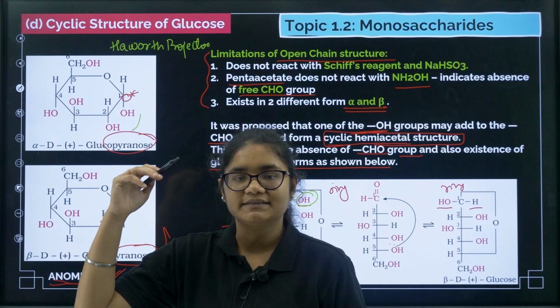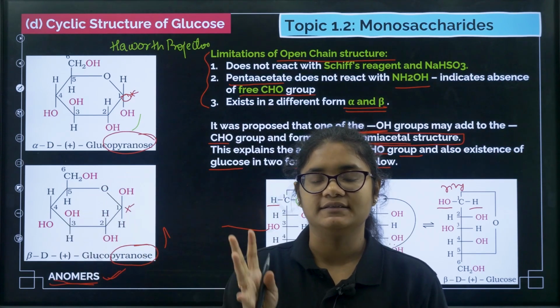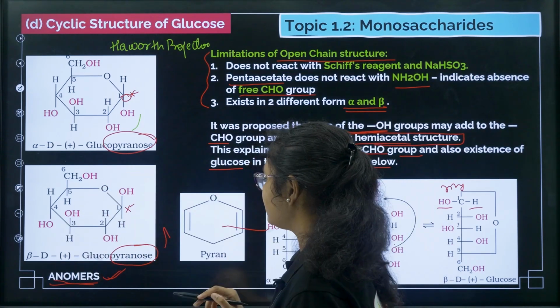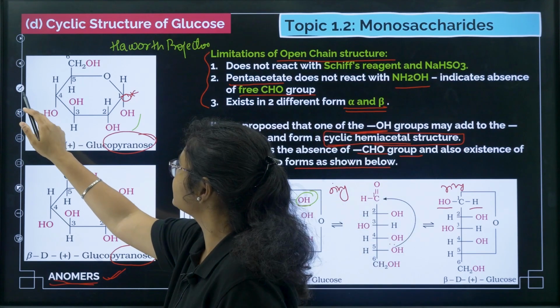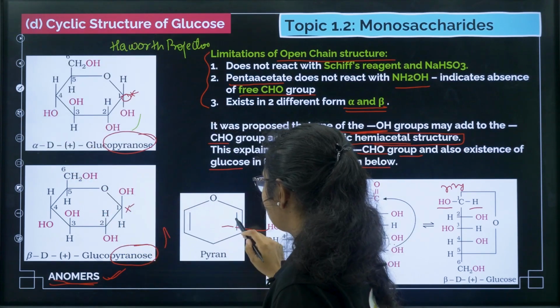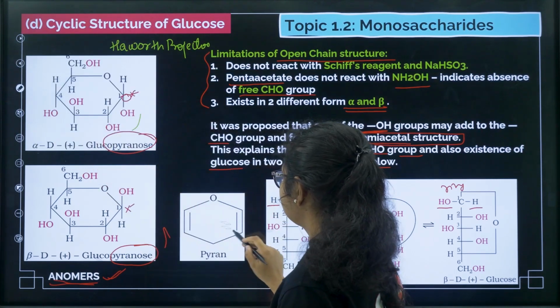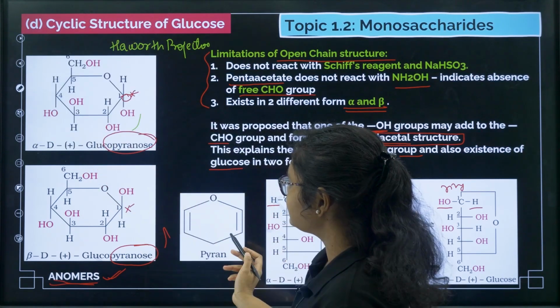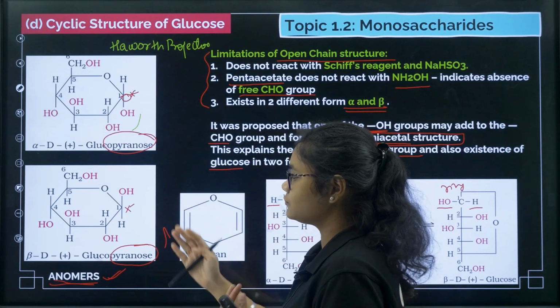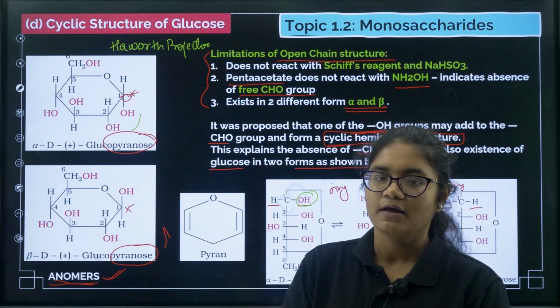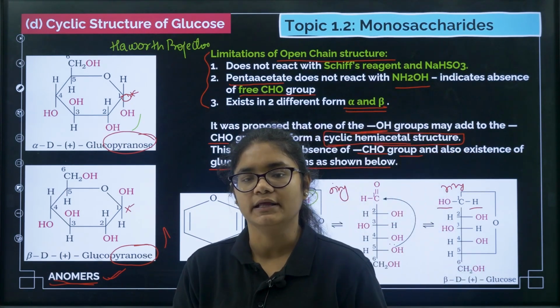Clear? So what are alpha D and beta D glucose? These are anomers. I was telling you why they are called pyranose: because their structure is somewhat similar to a compound called pyran. You can see this is the structure of pyran. Its structure somewhat resembles this pyran, which is why it is called glucopyranose, alpha D glucopyranose, beta D glucopyranose.